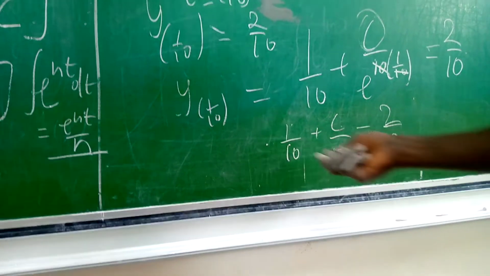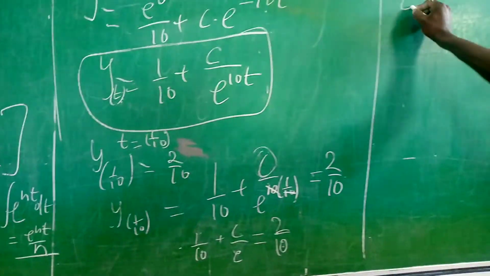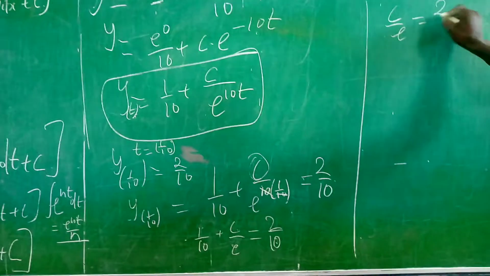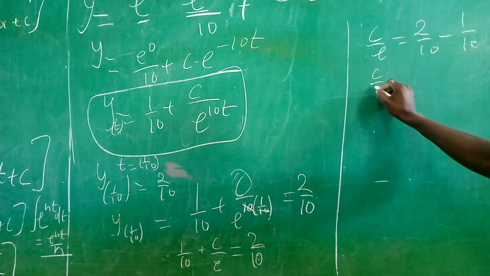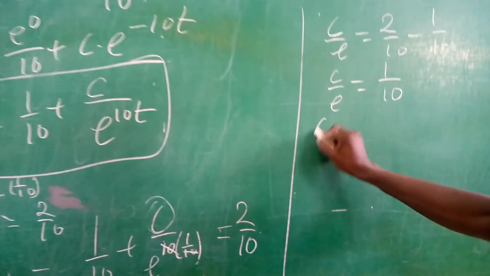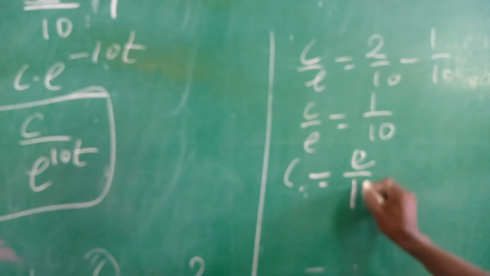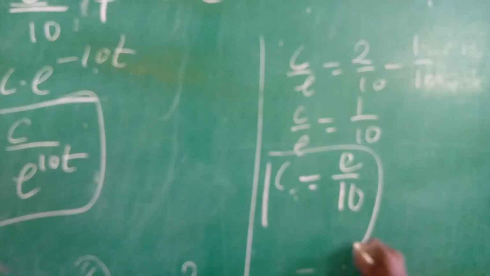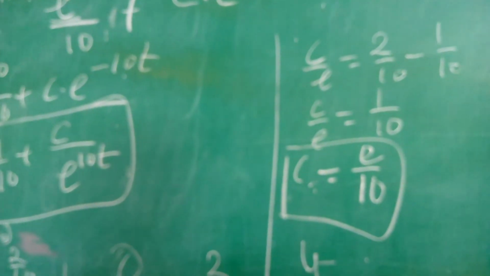And then we will take this to the other side, and then we get c over e is equal to 2 over 10 minus 1 over 10. C over e is equal to 1 over 10, and then c is equal to e over 10.